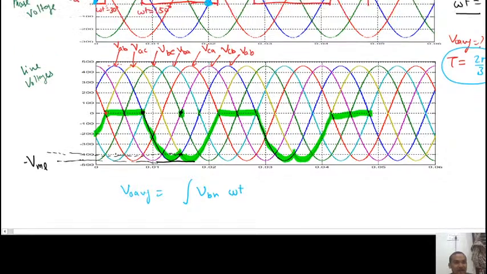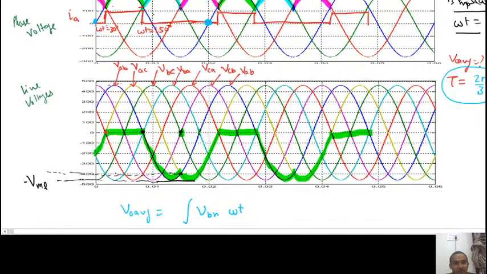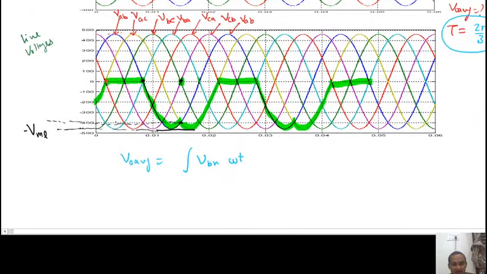So if I am taking VBN, I will put limits here, 150 to 270. What is 150 termed as? 150 is 5 pi by 6, and 270 is pi plus pi by 2.